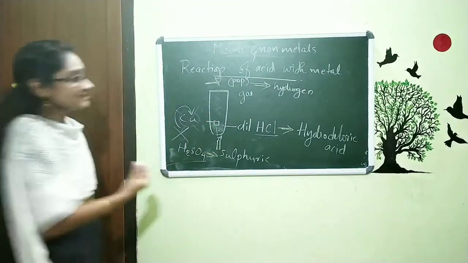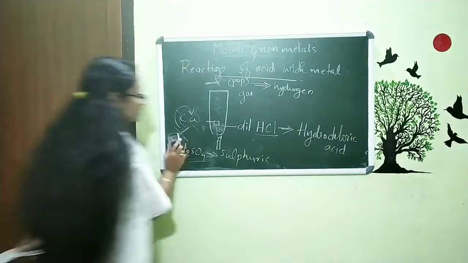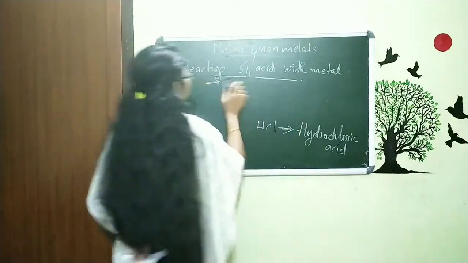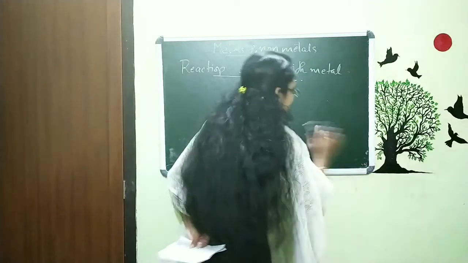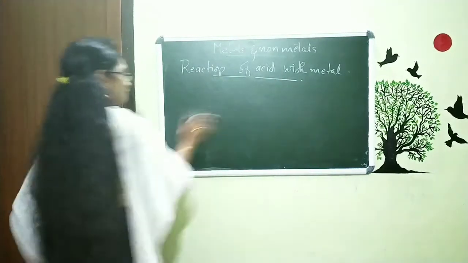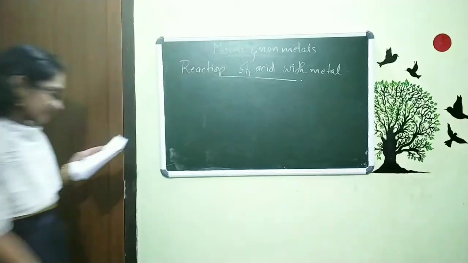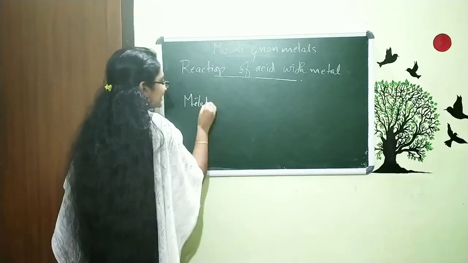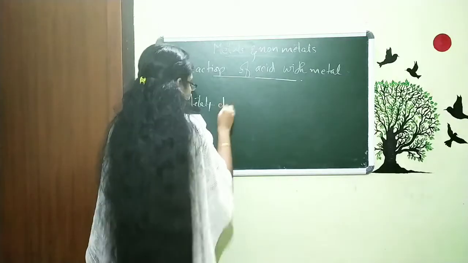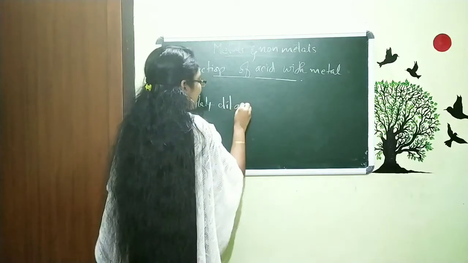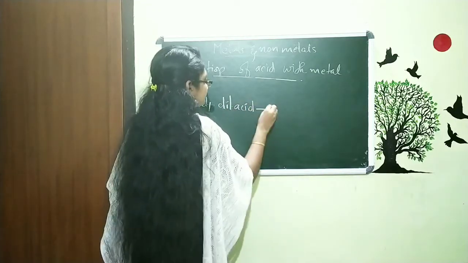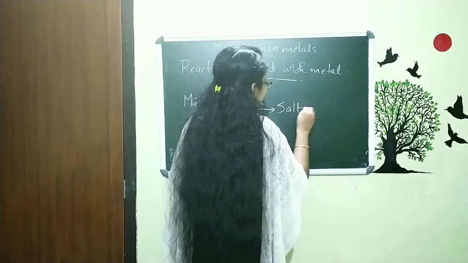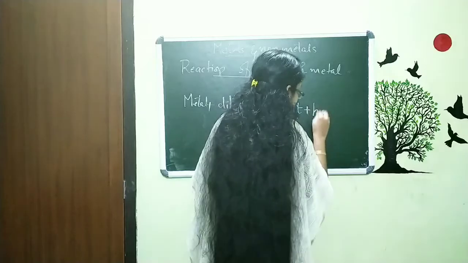And we can write the reaction of the acid and the metal with a general equation. The general equation is like this: when the metal reacts with dilute acid, we get the result as salt plus hydrogen.